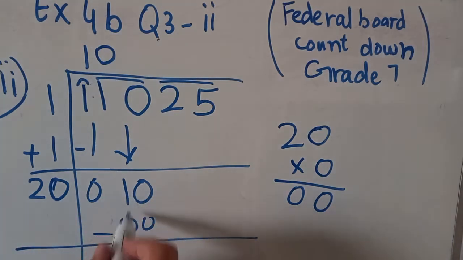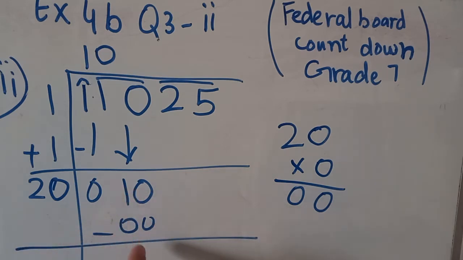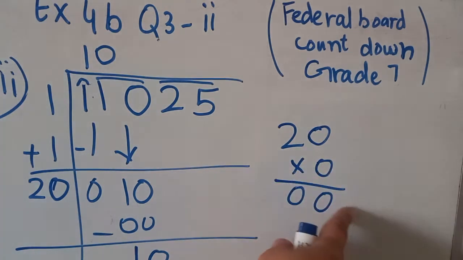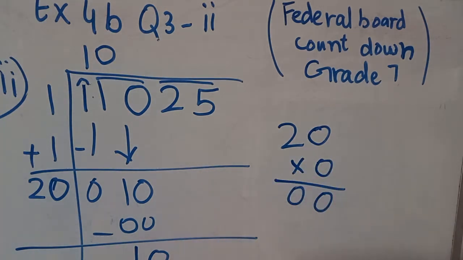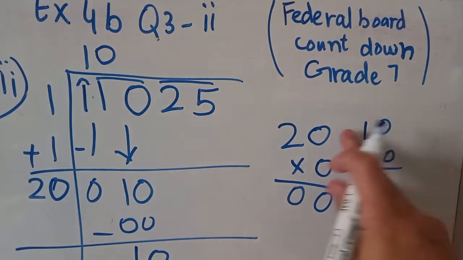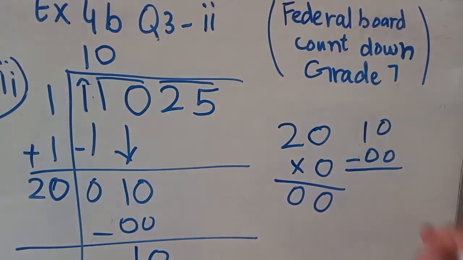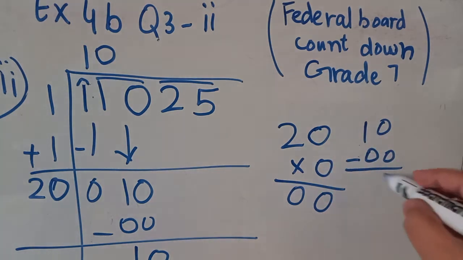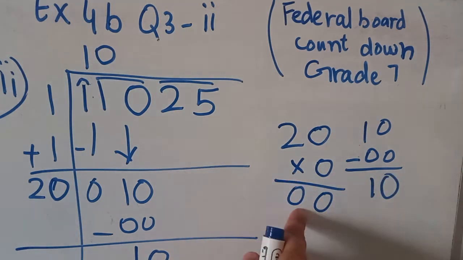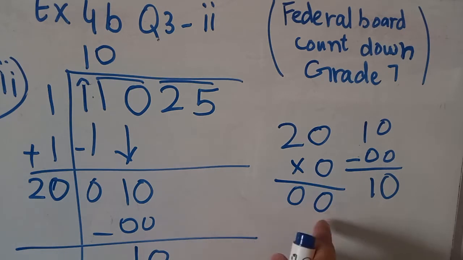Now when we subtract 10, 10 minus 0 is 10 remaining. So when we are multiplying with number 0, our whole term will be 0, but when we are adding or subtracting 0, the same number will come here. For example, if you are subtracting 0 from number 10, the 10 will come the same. But when we are multiplying with number 0, our whole term will be 0.